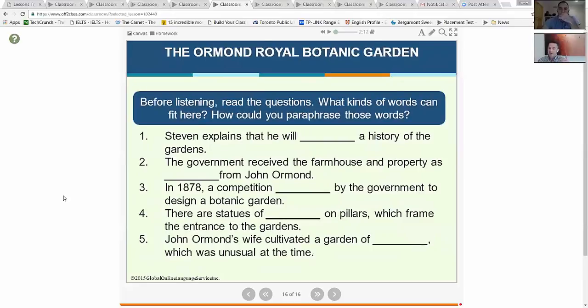And then, again, more of a controlled activity. Here are the questions, and the sentence completion questions. So without hearing the recording, before hearing the recording, what words could appear in a grammatically correct fashion to complete these gap-filled sentences? Okay, so that's how I would deal with the sentence completion.